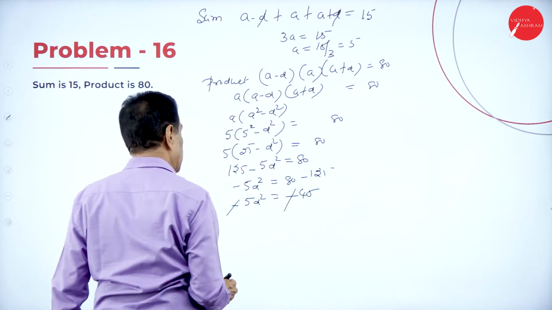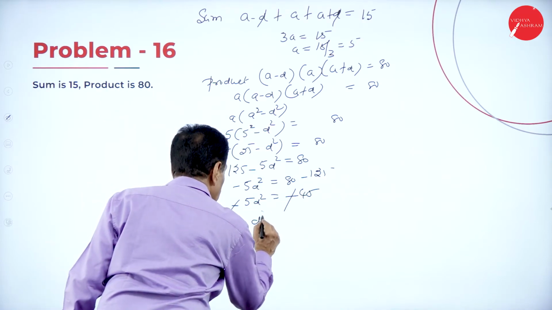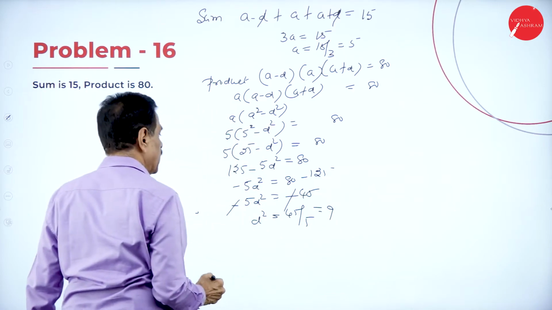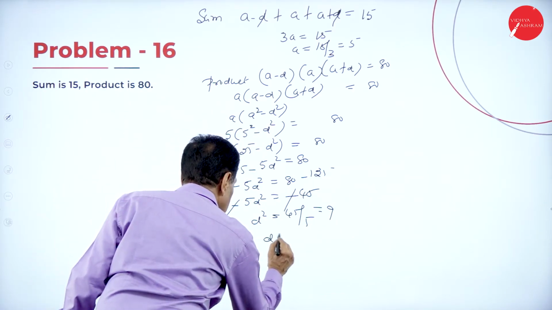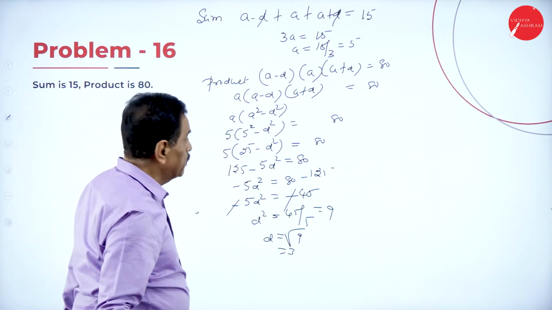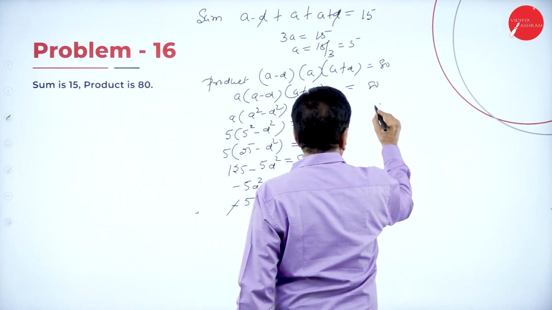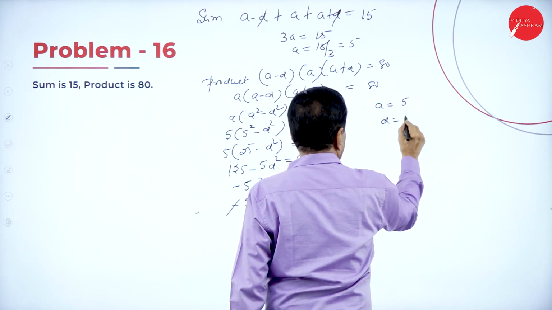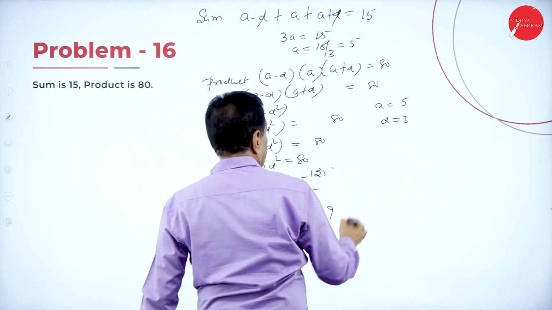Minus minus cancelled out. D square is equal to 45 divided by 5, that's equal to 9. D is equal to root of 9, that's equal to 3. So your A is equal to 5, D is equal to 3. So what's your problem?